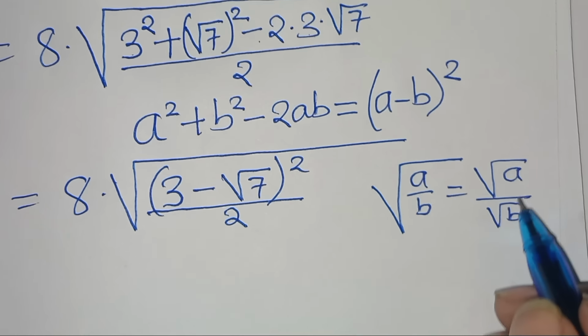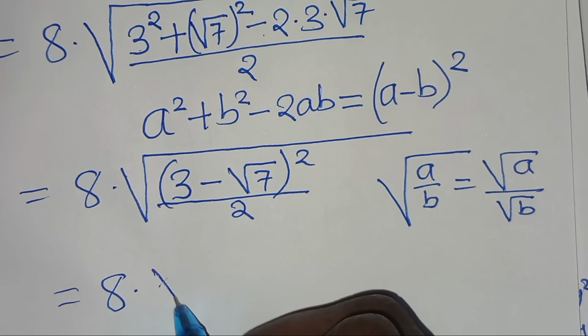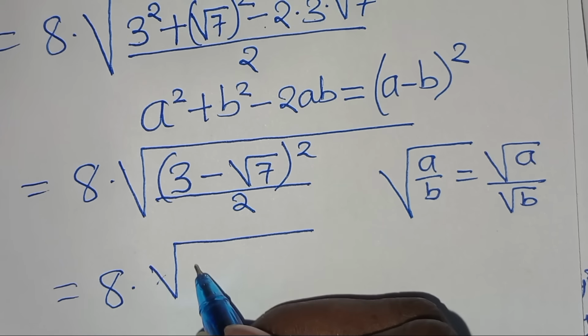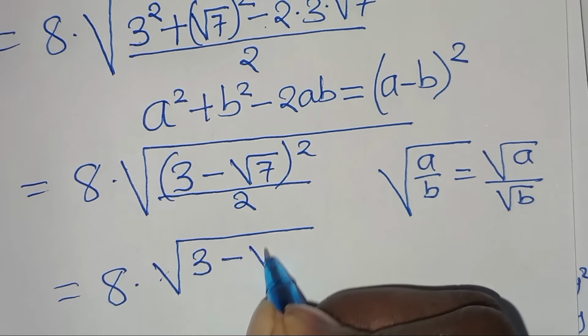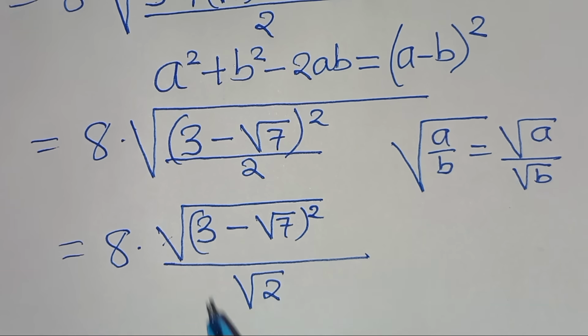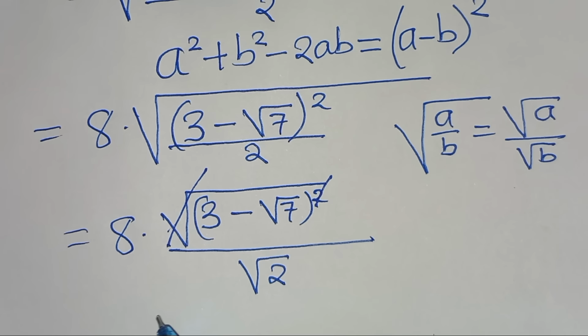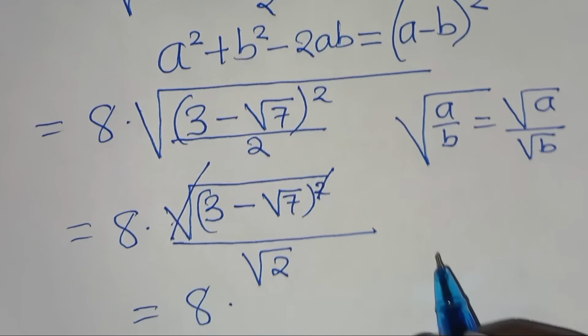So applying this property, then here we have 8 multiplied by, now we'll have the square root, in the numerator part here, we have the square root of 3 minus square root of 7 raised to the power of 2, then everything here divided by square root of 2. Now, we can eliminate the square root sign here, so that now, here we have 8 multiplied by 3. Now here we have 3 minus square root of 7 divided by square root of 2.